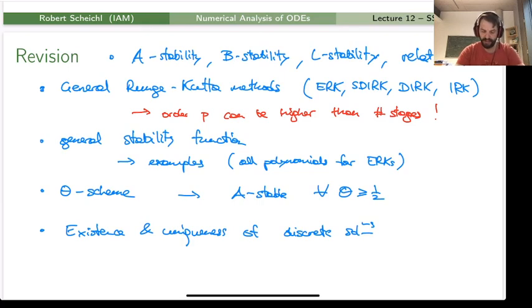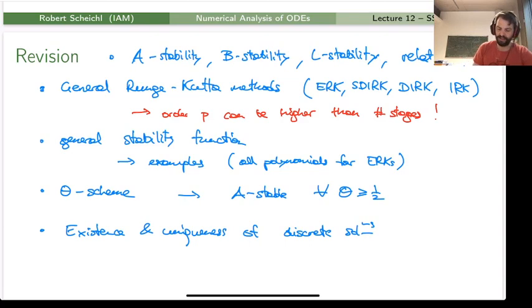Then I showed what the general stability function looks like for general Runge-Kutta methods and gave some examples. First of all, just looking at ERKs again, in the case of ERKs, the stability functions are always polynomials, which is also how we proved that they cannot be A stable, because polynomials cannot be bounded on the whole left complex plane.